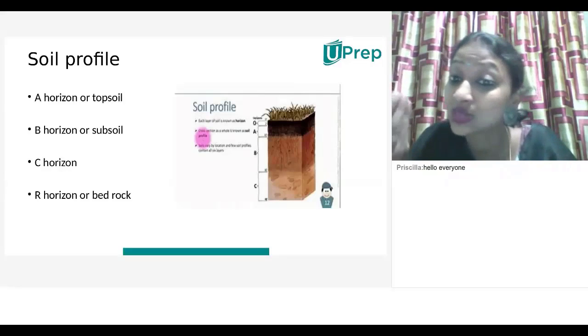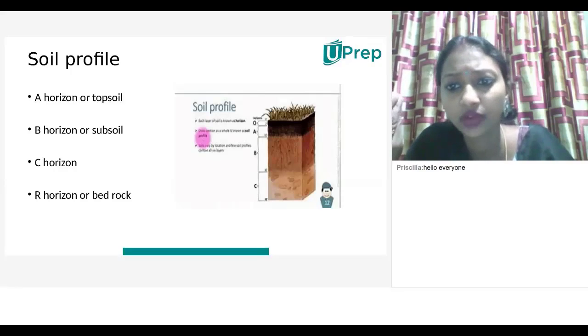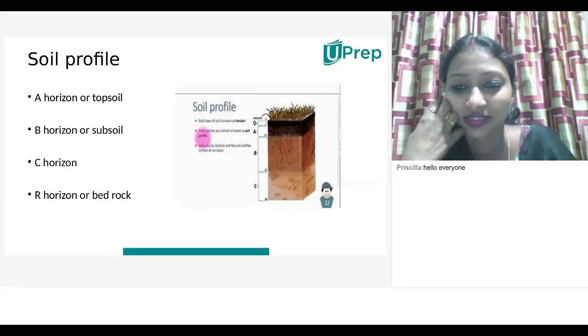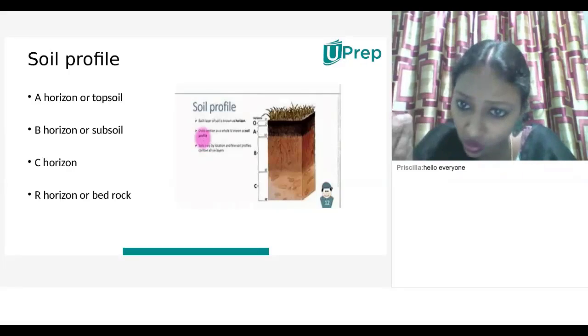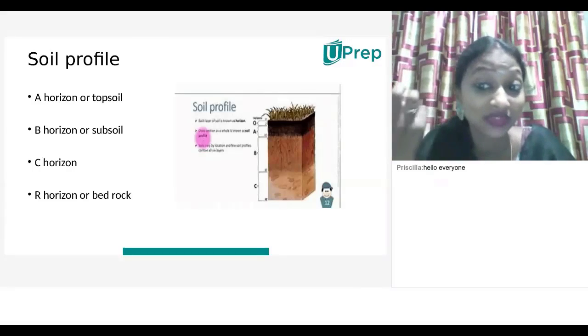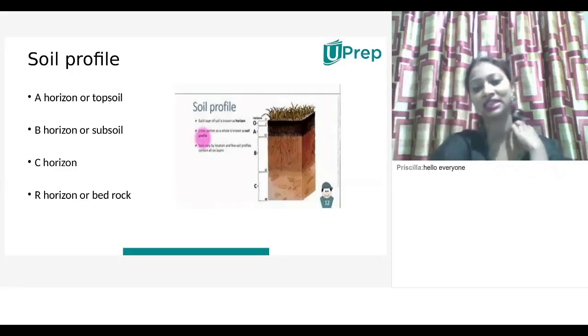You'll feel that it's very dark, very soft. Yes or no? And we feel the smell of it. We won't dig the soil, we just hold the topsoil. What is the smell of topsoil? It's like muddy. Sometimes we feel it's good. Yes, we'll enjoy it. Leave aside whether it's hygienic or not.